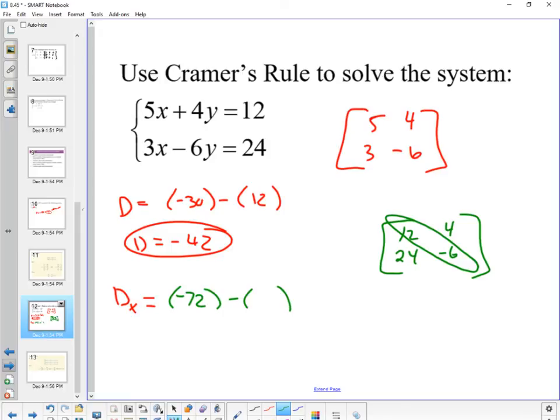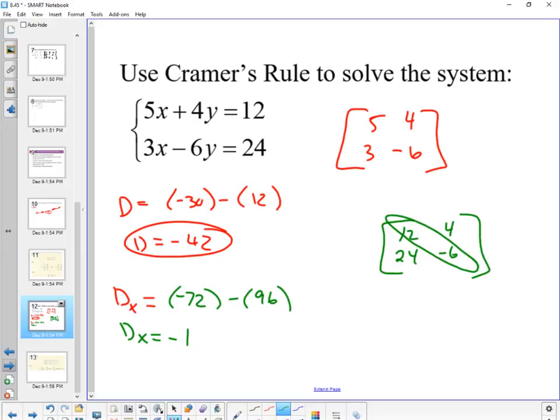Then 4 times 24 is 96. That gives me a total of 168.